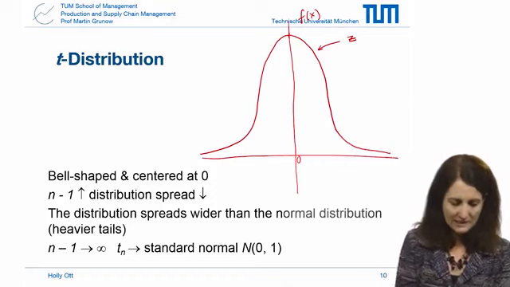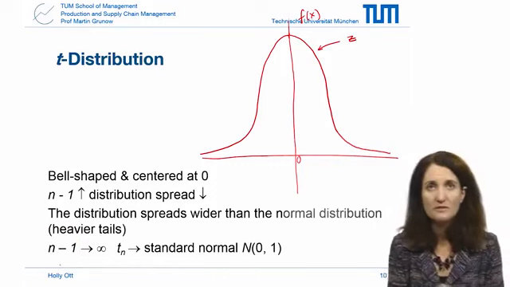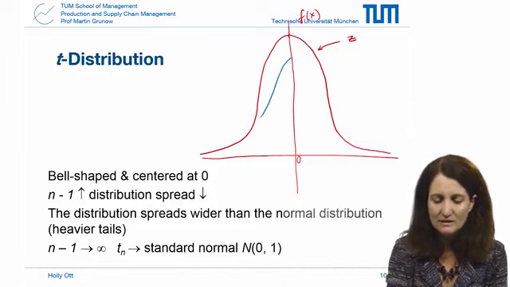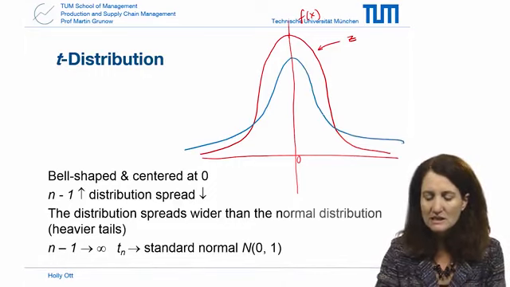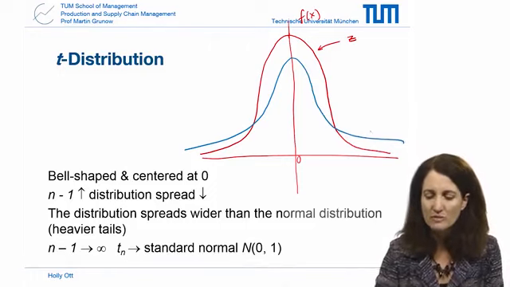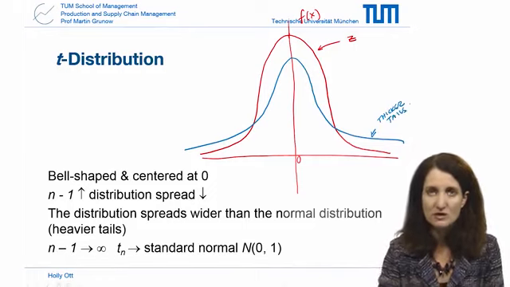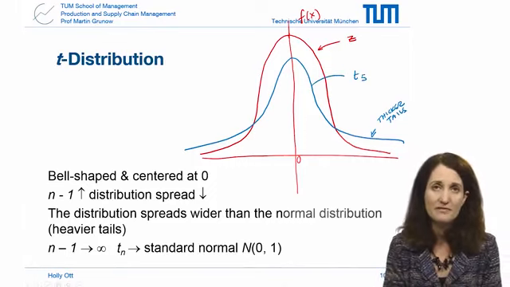Now, the t distribution looks slightly different. Again, be a little bit lenient with my drawing skills here. The t distribution will be shorter and fatter, with thicker tails compared to the z distribution. And this, for example, is a t with degrees of freedom equal to 5.